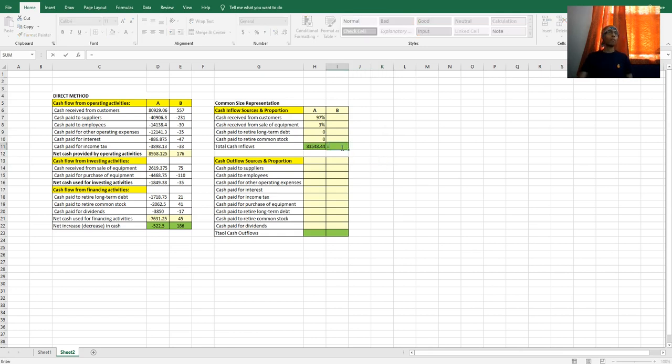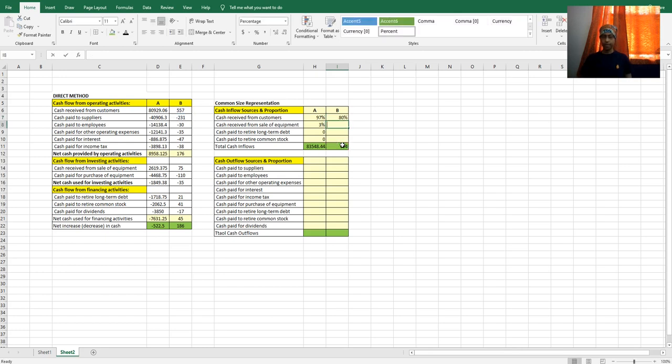So for B, the inflows are 557 plus 75 from sale of equipment plus 21 from debt and 41 from stocks. Now we'll be representing the percentages here. This is equal to 557 by 694.